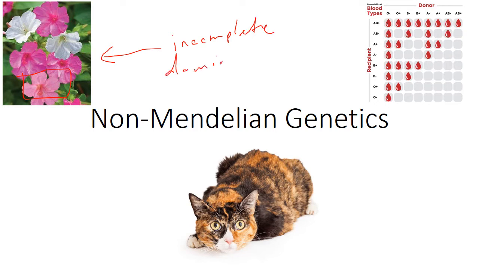Now, codominance is when we get both traits showing up. Over here we have codominance with blood types.